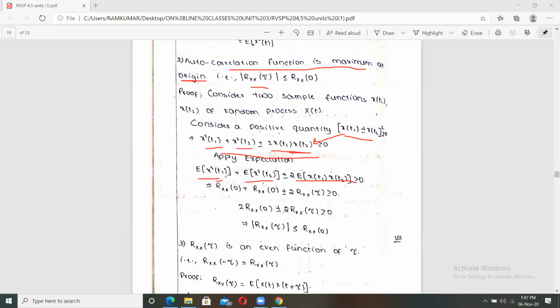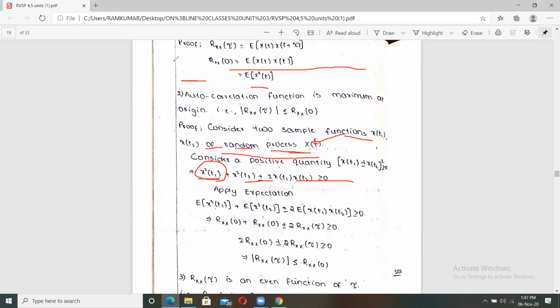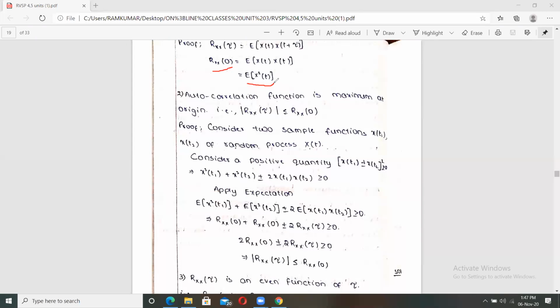What is the value of E of x square of t1? E of x square of t1 is nothing but R suffix double x of 0.